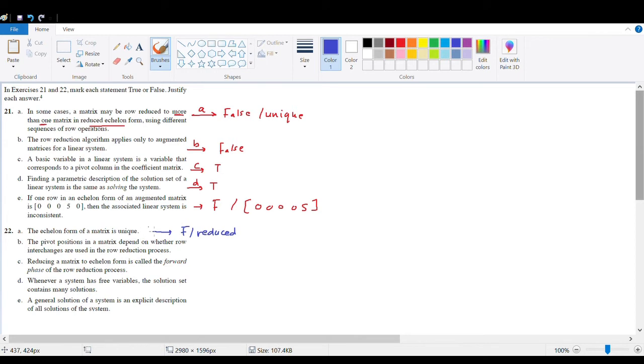Now B, the pivot position in a matrix depends on whether row interchanges are used in the row reduction process. This one is also false, because there is no relation between the interchange between the rows and the pivot position. So B, false.